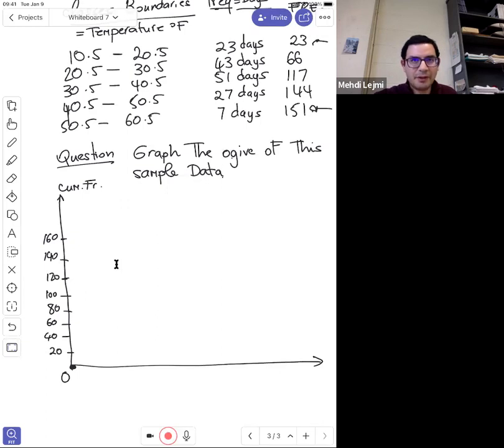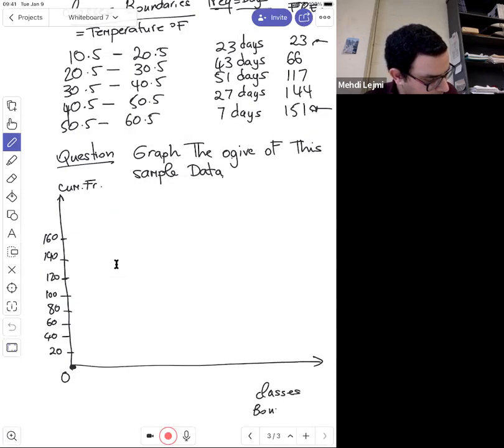So I'm gonna give you a couple of minutes just to try to graph this ogive. As I said, first step, I'm gonna just remind you the steps. So of course, on the horizontal axis, you're gonna have your class boundaries again. And then, as I said, first step, the starting point, you start at the lower boundary of the first class, right? That will be your first point on the horizontal axis.